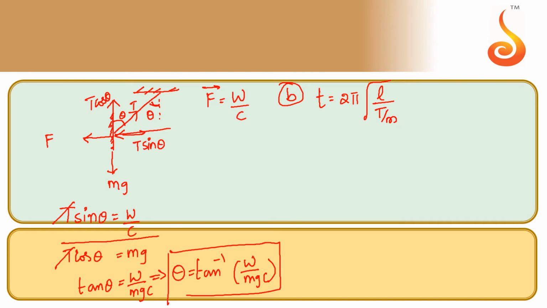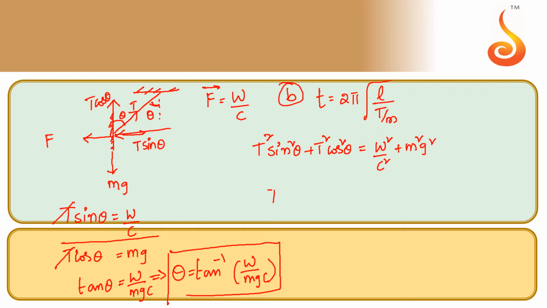So T sin theta is equal to W by C and T cos theta is equal to mg. Let us square on both sides and add. What we get? T square sin square theta plus T square cos square theta is equal to W square by C square plus M square g square.